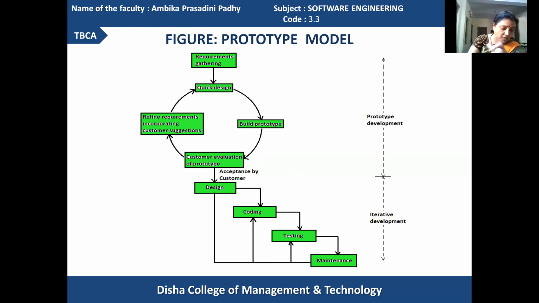Here several cycles of activities are processed, and these cycles help the customer's real needs to be identified. And after identifying all the real needs, customer acceptance is reached. After gaining the customer acceptance, the further development process will start.